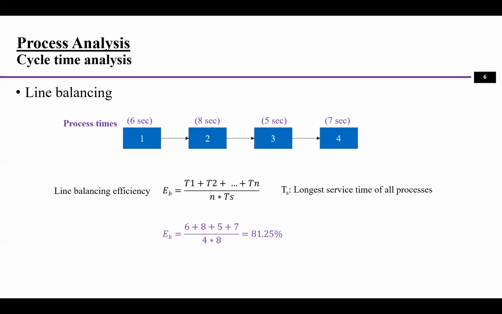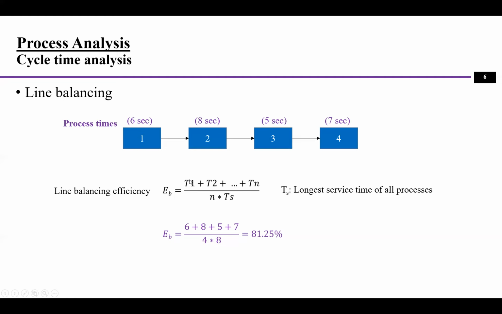Now, this is what happens with all these processes: they do not have an equal amount of task time or processing time. This situation, we call it, this line is not balanced. We can calculate the line balancing efficiency using all the processing times added up together.